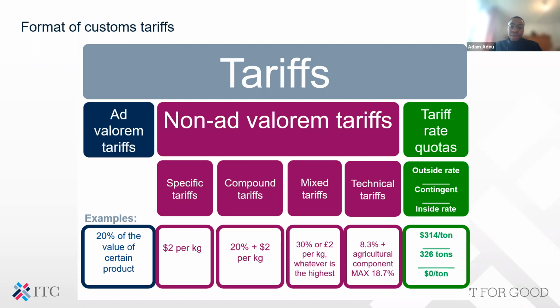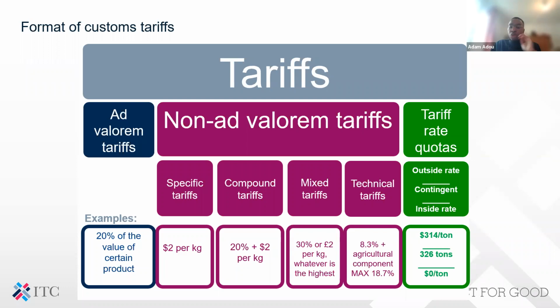And last but not least, there are tariff rate quotas, for those who know. The principle is simple. There is something set up which is called a contingent. If your country is exporting more than the contingent, you're going to pay a specific tariff, and if exporting less, maybe you're going to pay a classical ad valorem tariff.